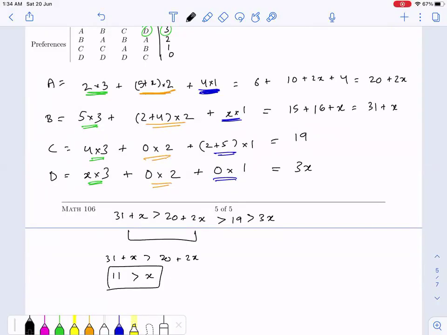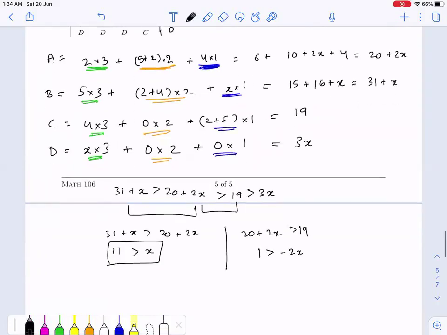Okay, so x needs to be smaller than 11. Then let's do the other pair. So 20 plus 2x bigger than 19 means 1 bigger than negative 2x. This would clearly always be true because x needs to be positive. So we don't need to worry about this.